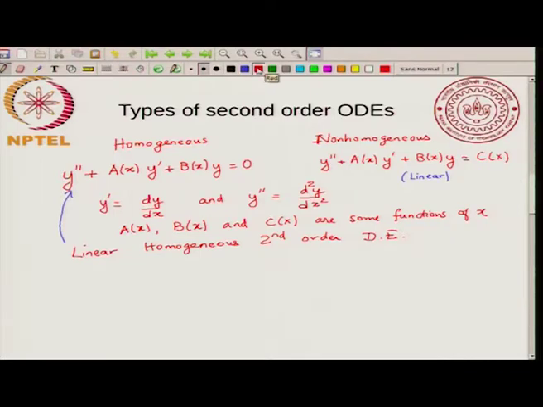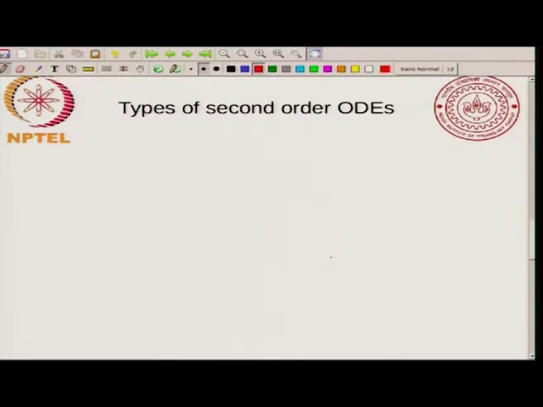Okay. So, we can think of second order differential equations, we can check whether they are linear or non-linear, and then you can check whether they are homogeneous or non-homogeneous. And there are some very nice properties of solutions of some of these equations that we will look at as we go along. Let us once again mention linear versus non-linear.